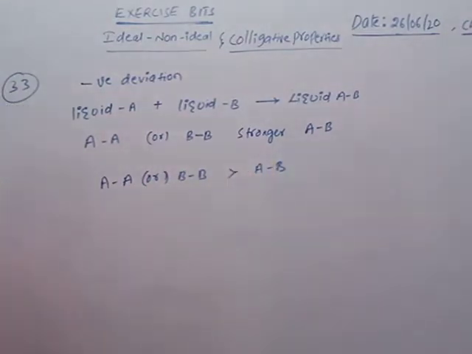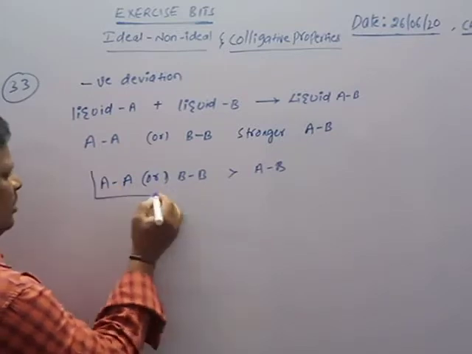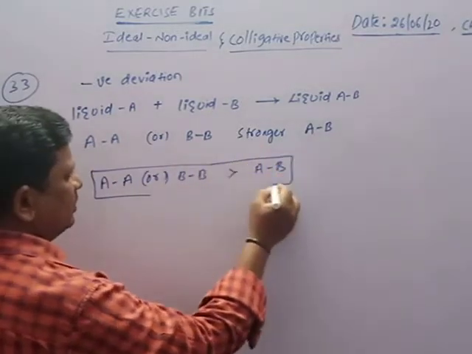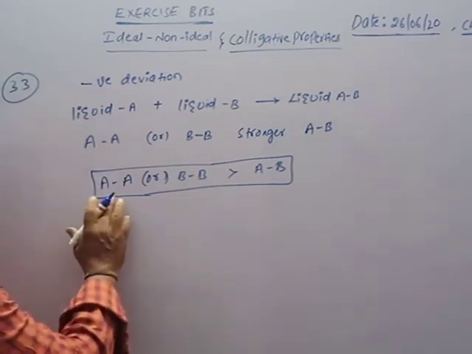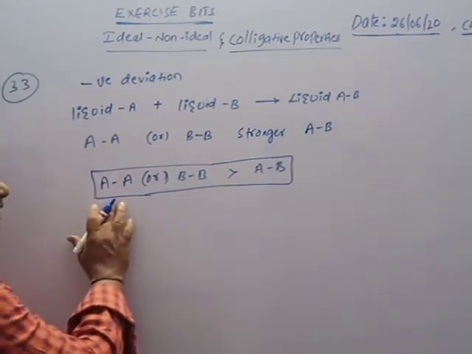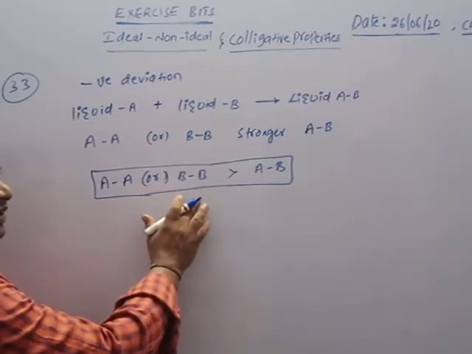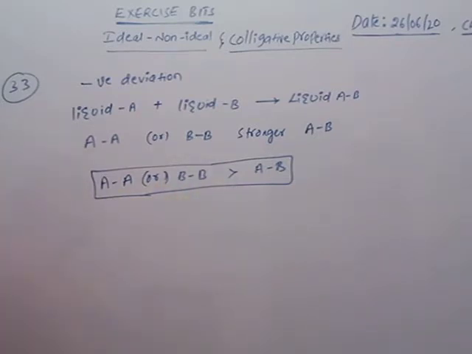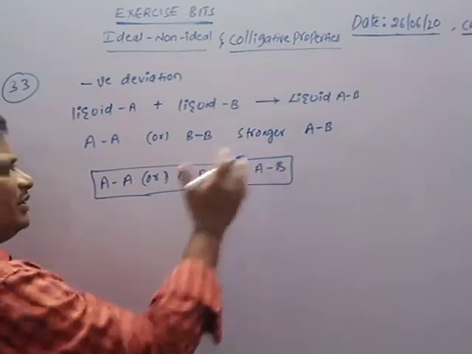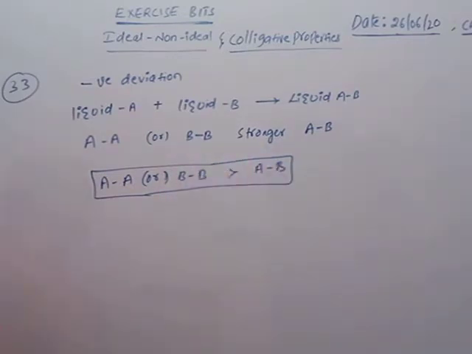This type of solution shows positive deviation, because the vapor pressure of A or of B is greater than the expected vapor pressure of AB with respect to Raoult's law.